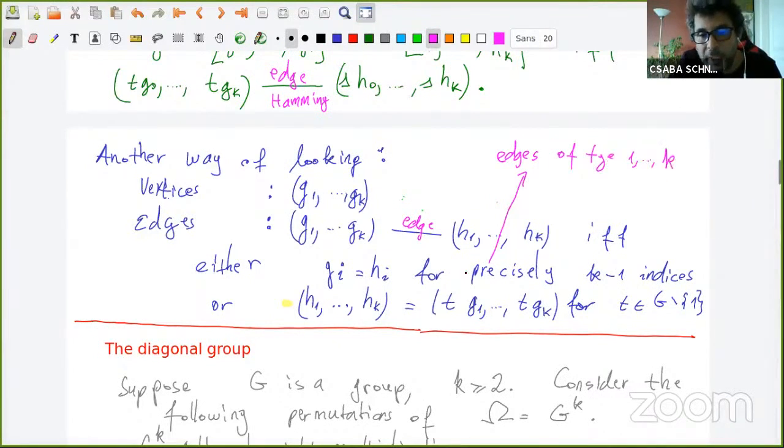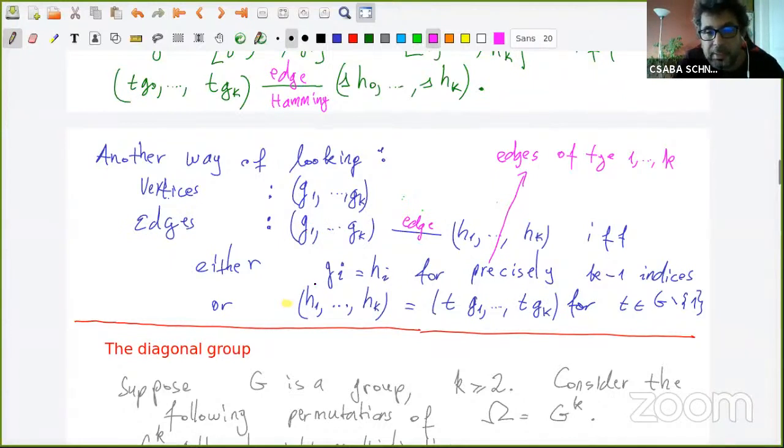A type 1 edge would be an edge such that the entries in the first position differ, but the entries in the other positions are equal. And the type 2 edge would be something where the entries in the second position differ and the entries in the other positions are equal.